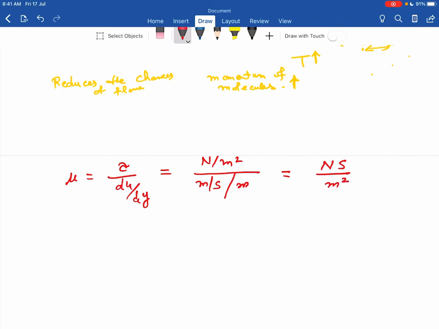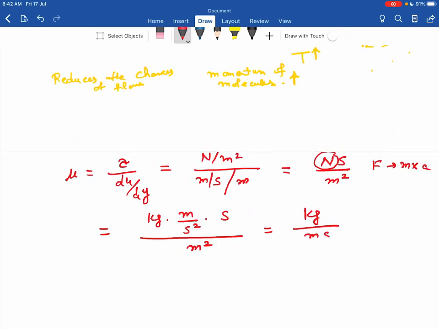Further, Newton is force, mass into acceleration. So Newton is mass, kg, times acceleration, meter per second square, into second divided by meter square. So we can write it as kg upon meter second.